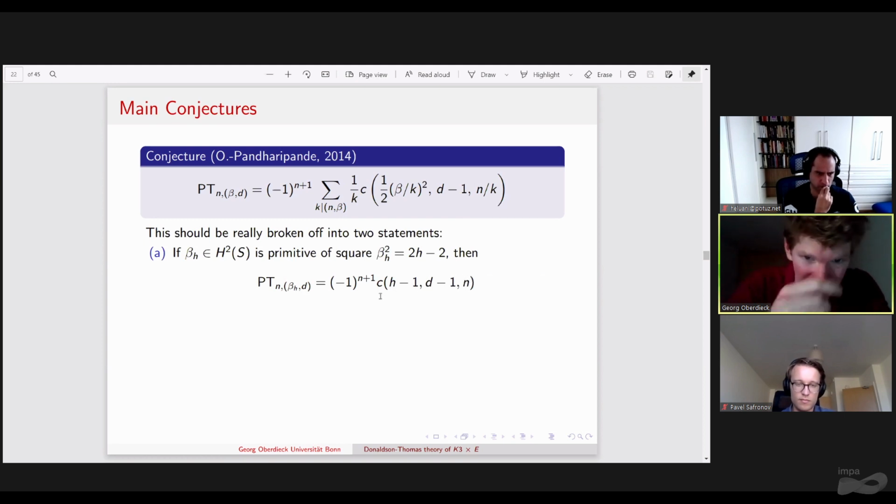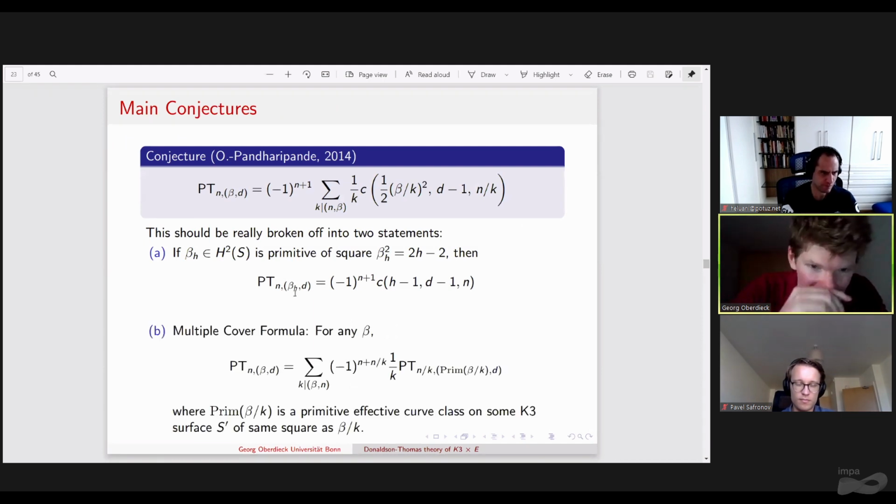So for a primitive curve class, you get exactly 1 over chi10. And then in the imprimitive case, the formula above is a multiple cover formula. It says that the imprimitive case is determined by the primitive case by a very concrete form. And so this gives you a complete prediction for this geometry, for these Thomas invariants.